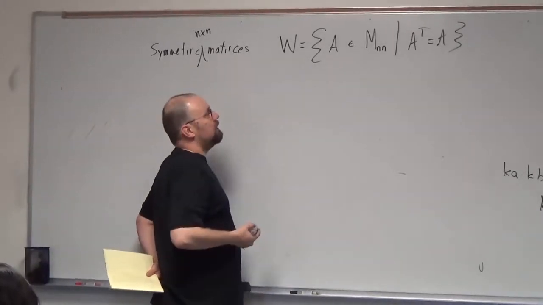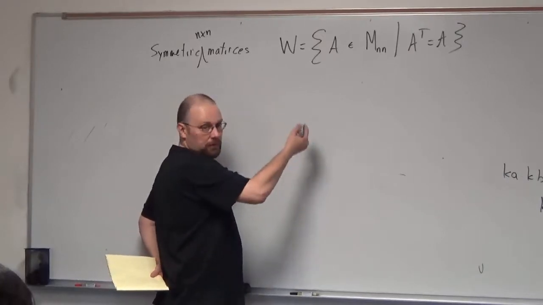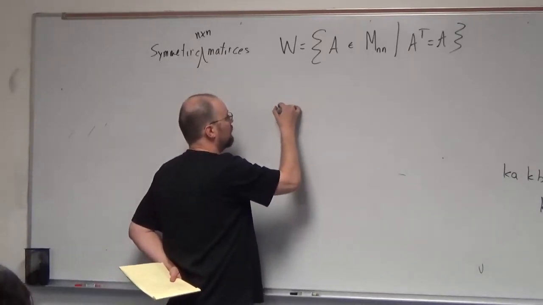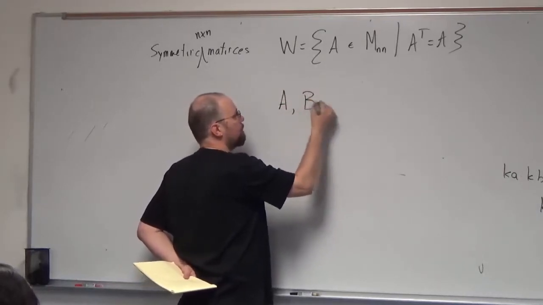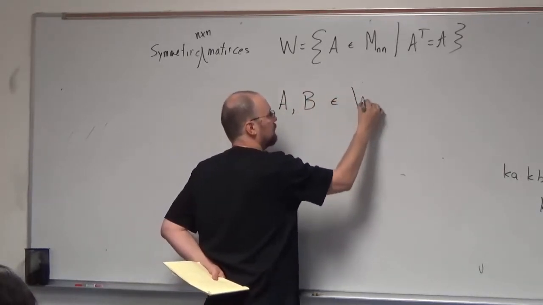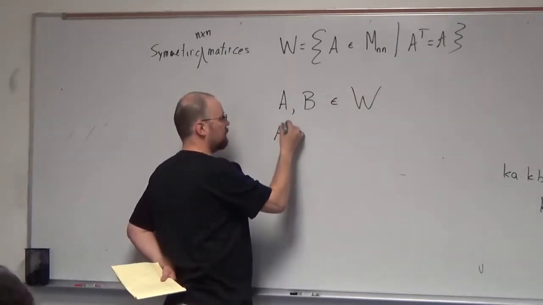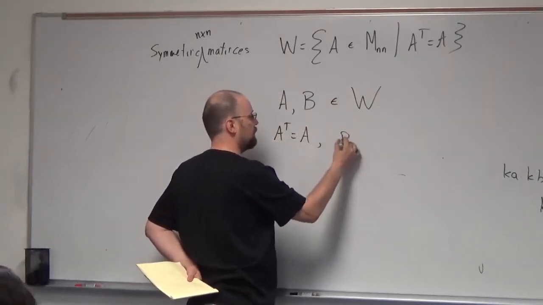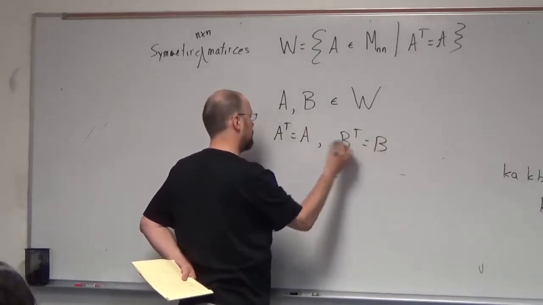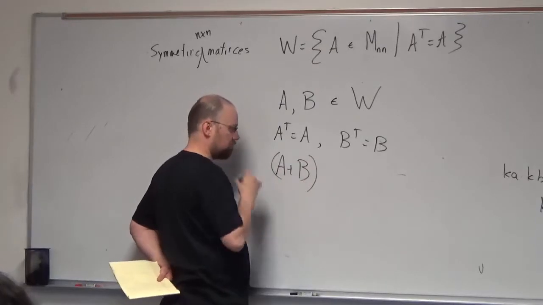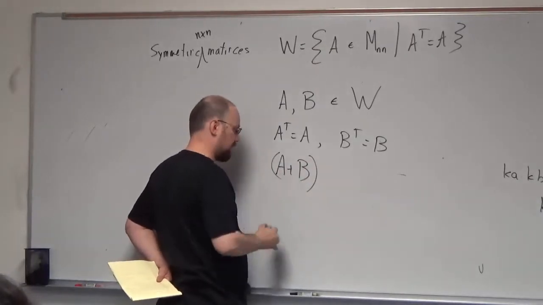So is this set closed under standard matrix addition? You take two matrices which are symmetric, so they're in W. We know that A transpose is A, and we know that B transpose is B. If I add A with B, do I get something symmetric? Well, let's check.